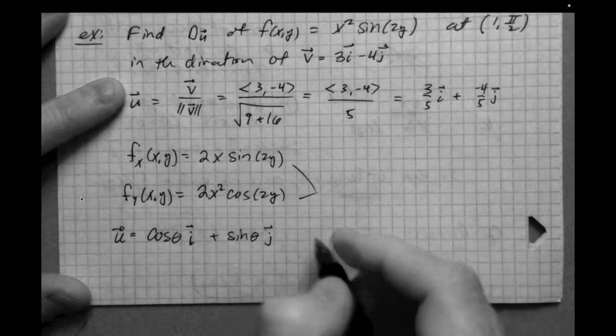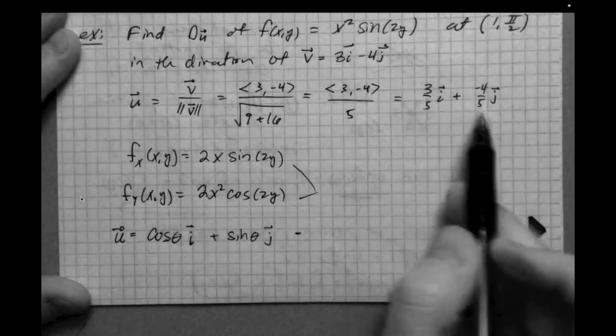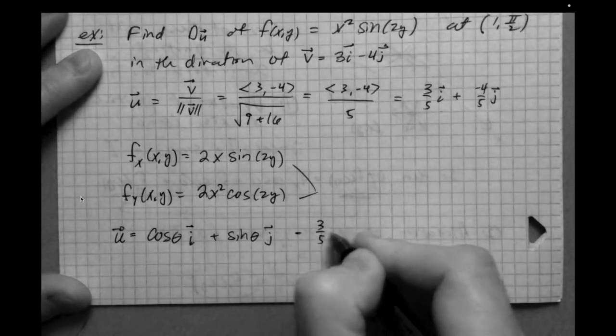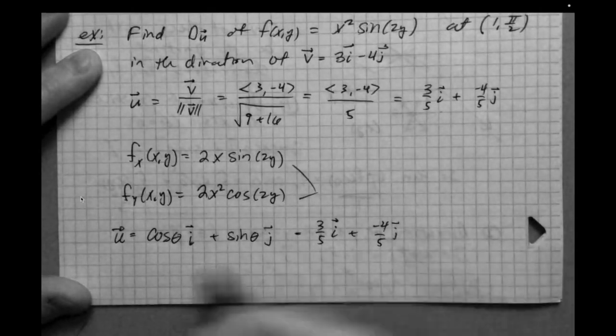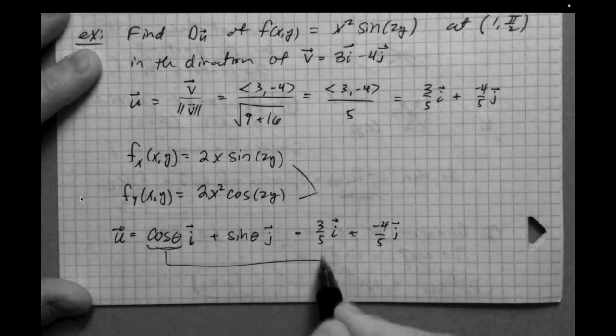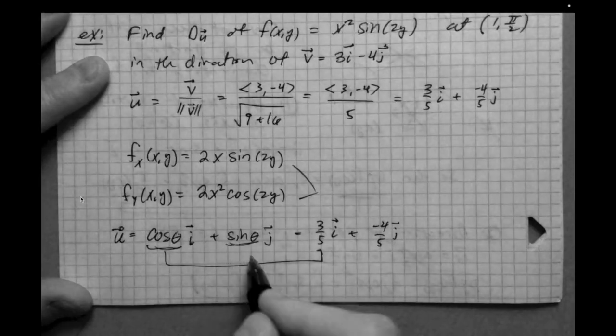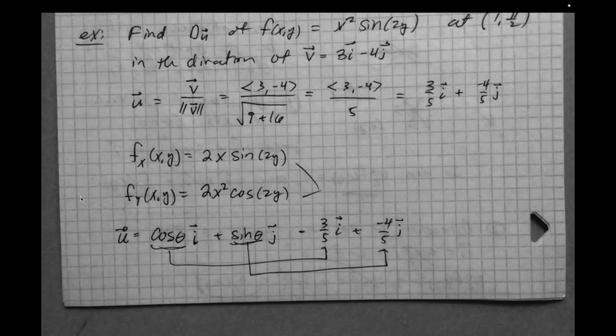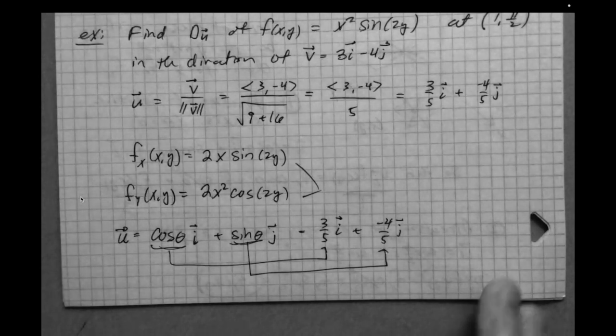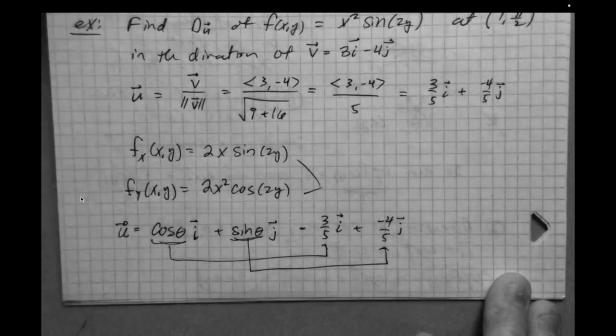And what we have here, when we normalize our vector, is 3/5 i plus negative 4/5 j. So the cosine theta here is 3/5, and the sine theta here is negative 4/5. Keeping that in mind, all we have to do is set this up and plug everything in.